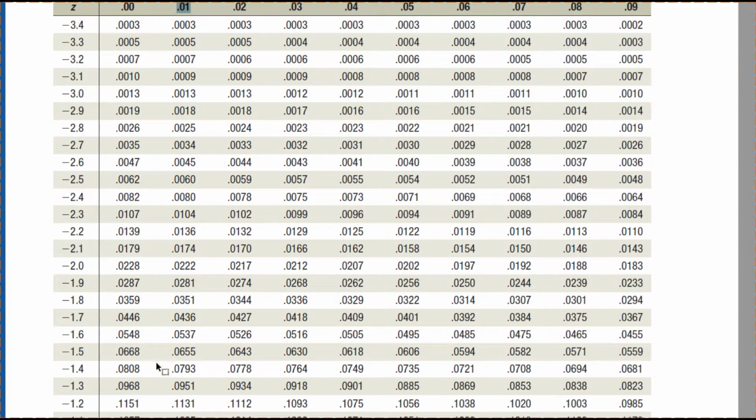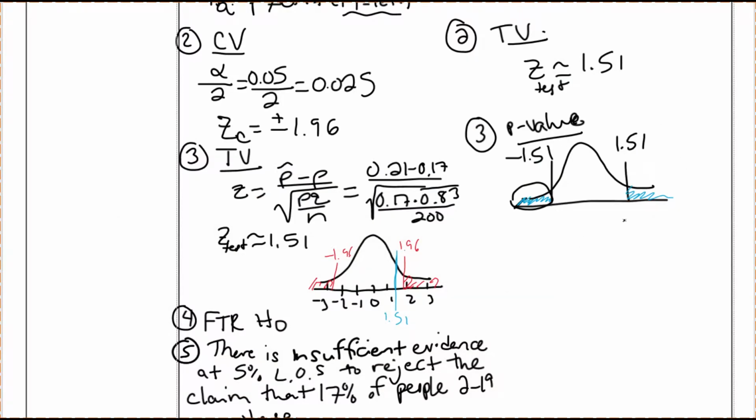So therefore, the area is 0.0655. So we know now that this area is 0.0655, and this has to be the same, 0.0655. So we can simply calculate our p-value by doubling that number.